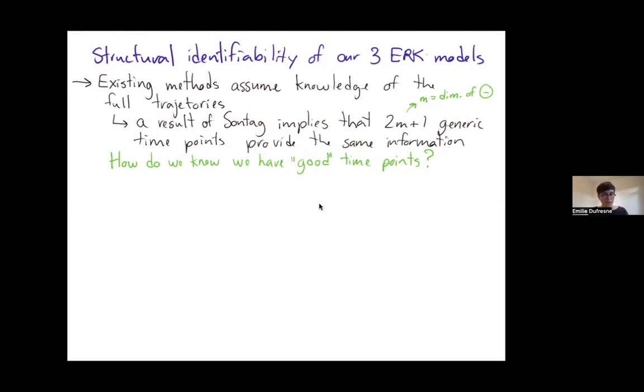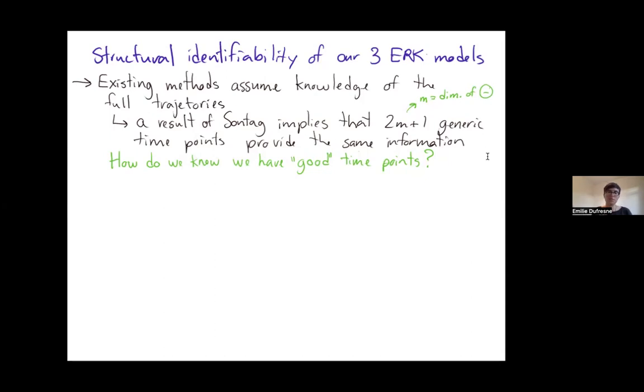But thankfully, there's a nice result of Sontag, which implies that when your system is nice enough, then if you have perfect measurements at 2m+1 generic time points, you will have the same information as having the entire trajectory, where m is the dimension of parameter space.